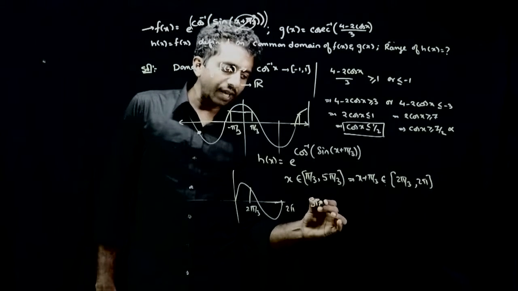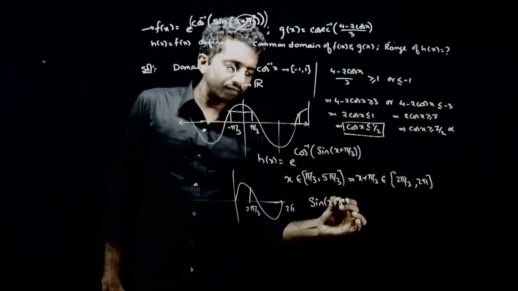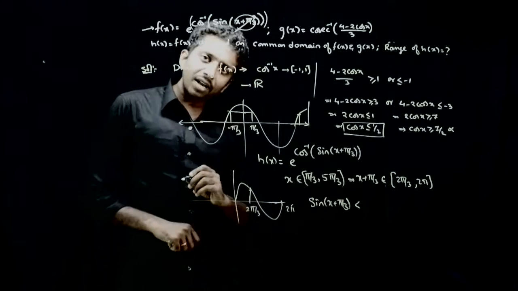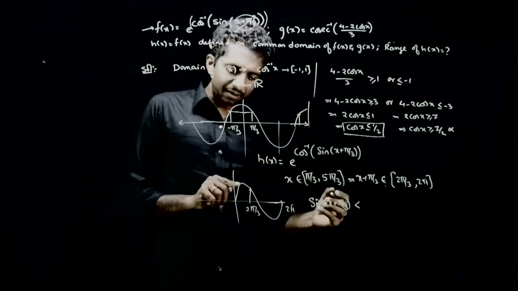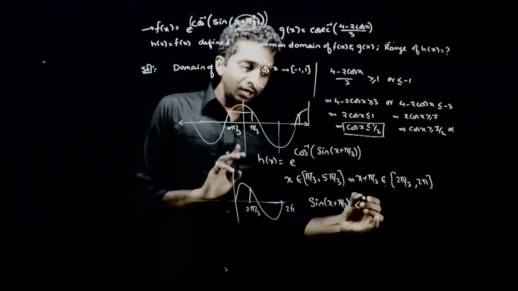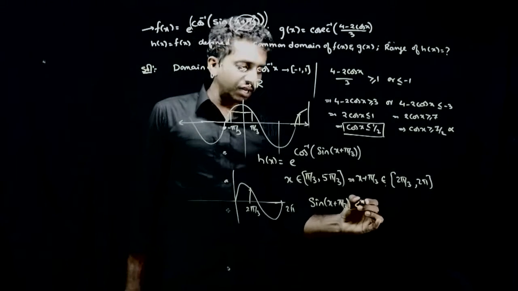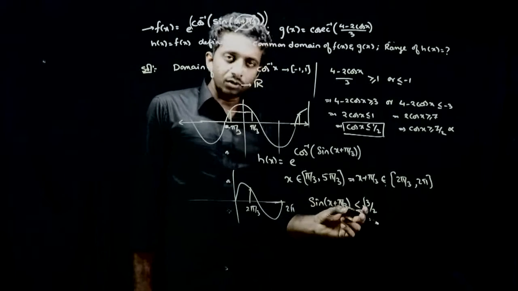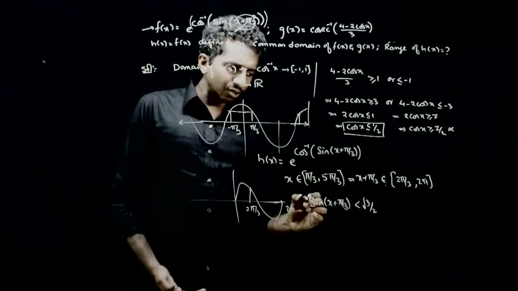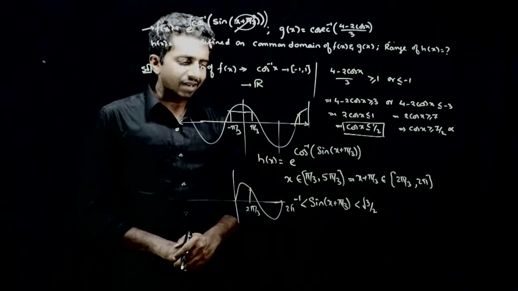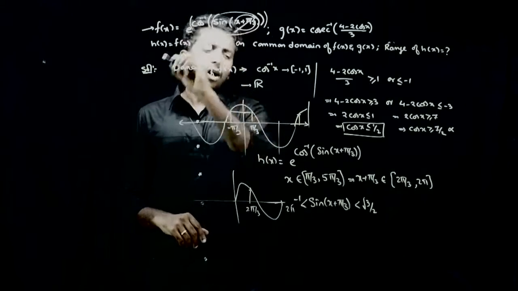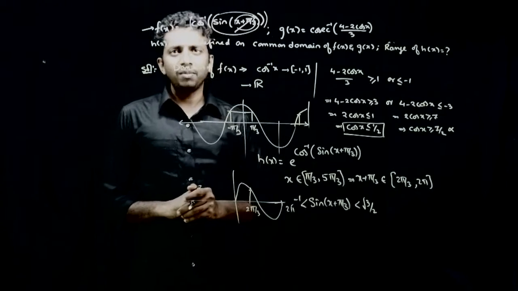So sine of x plus pi by 3 is always less than, this is the maximum value, so is always less than क्या होगा? So sine 2 pi by 3 is sine pi minus pi by 3, root 3 by 2. सही. So root 3 by 2 से छोटा होगा और -1 से तो बड़ा होगा. ठीक है. -1 से बड़ा होगा. So this number will always lie between -1 and root 3 by 2.